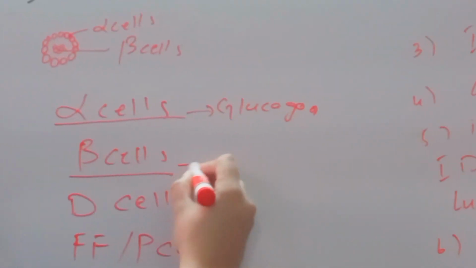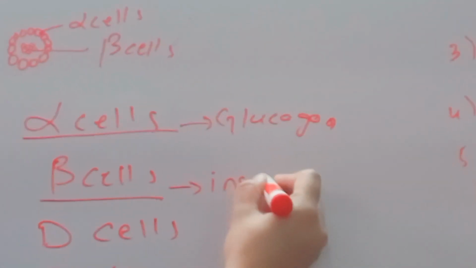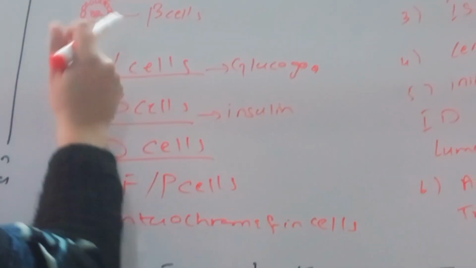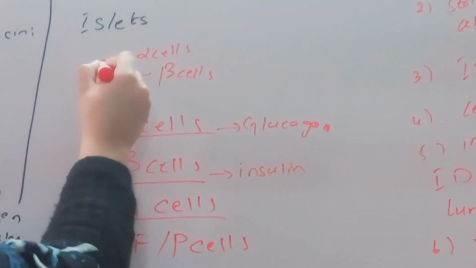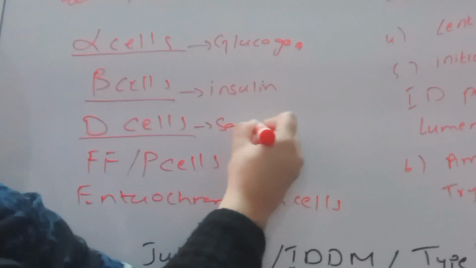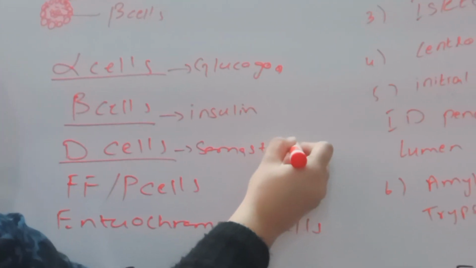And what do beta cells do? They secrete insulin, which is very, very important. Then we have D cells, which are scattered among the alpha and the beta cells, and they secrete somatostatin.